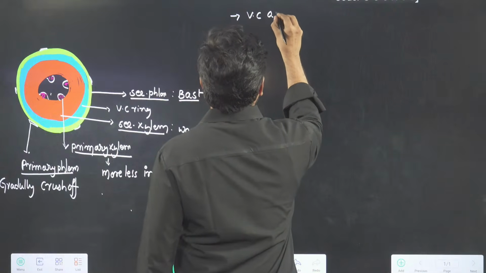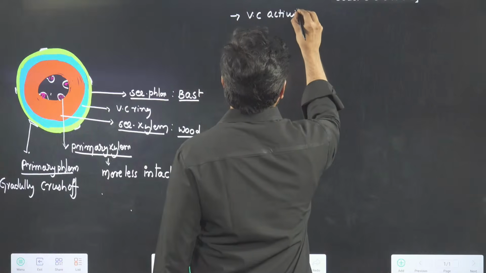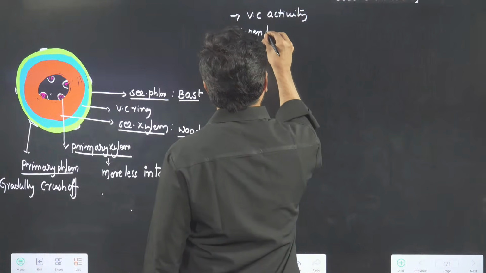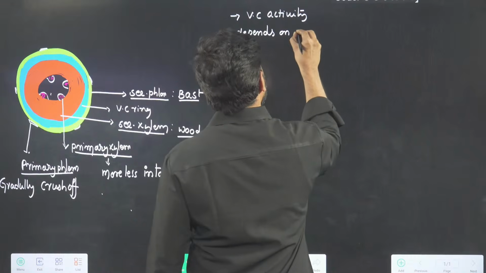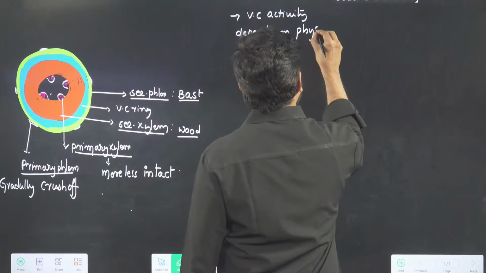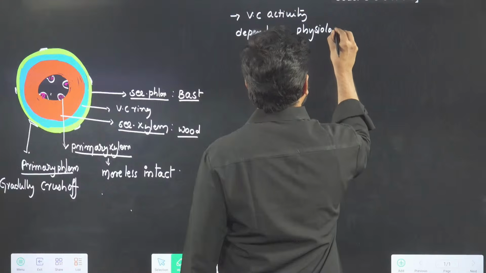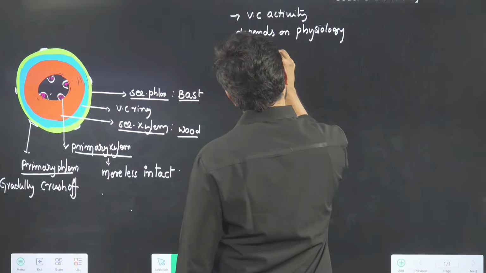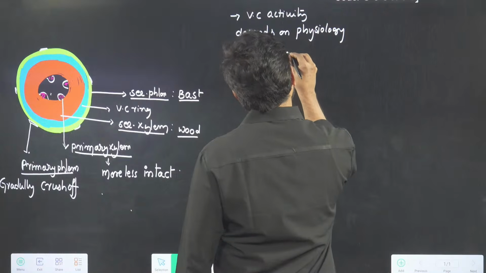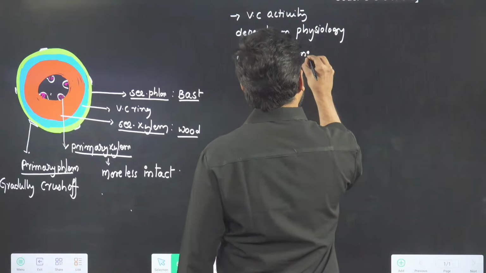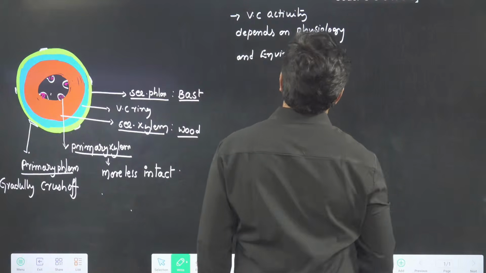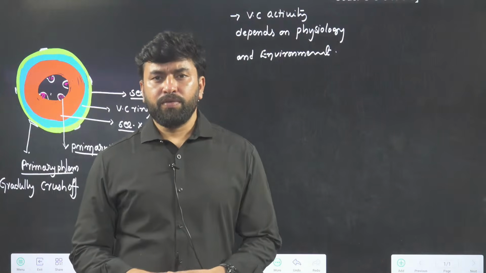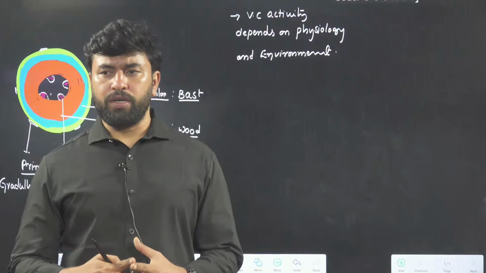Vascular cambium activity depends on physiology and environment. Depends on what? Physiology and also environment. Environmental conditions will affect vascular cambium growth, and also physiology.